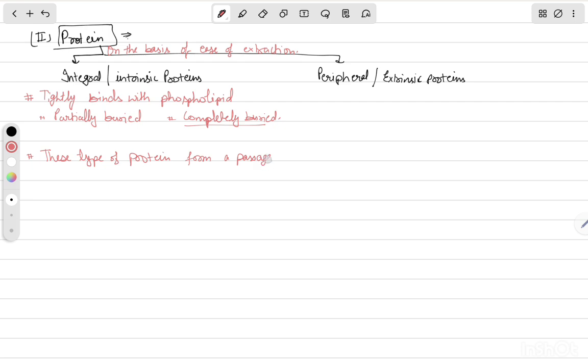Now, which type of passage is formed? Passage in the form of channels, or in local language we also use the term tunnels, right?